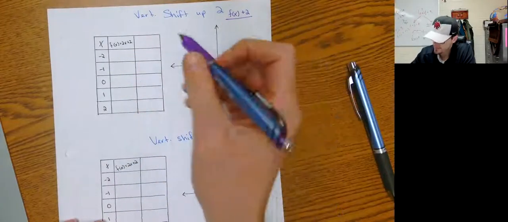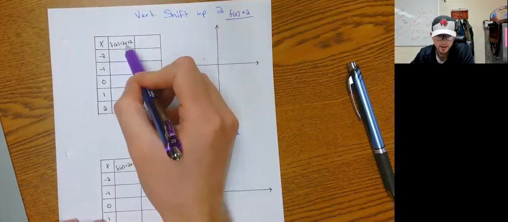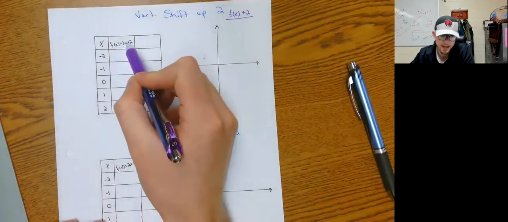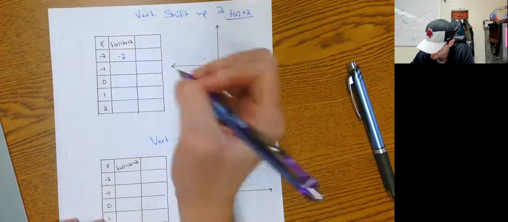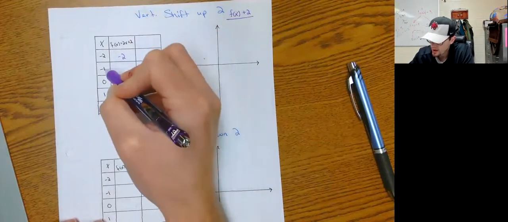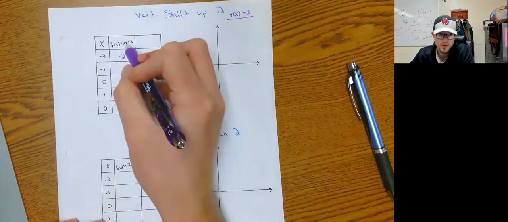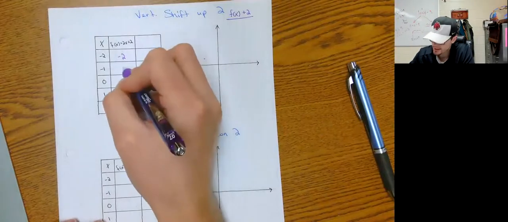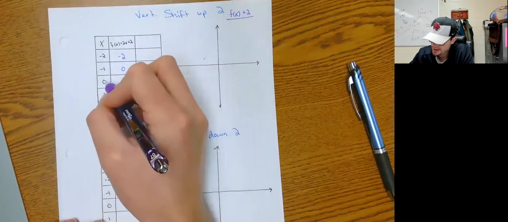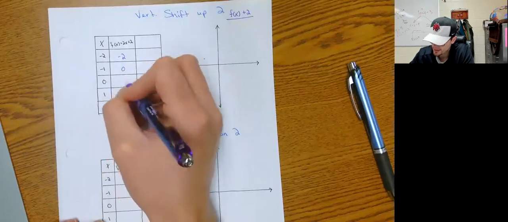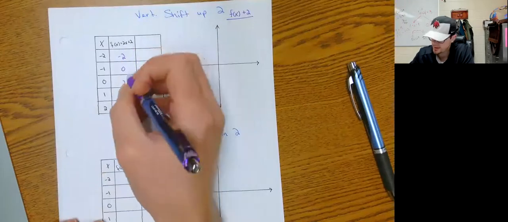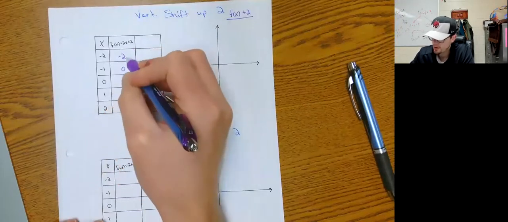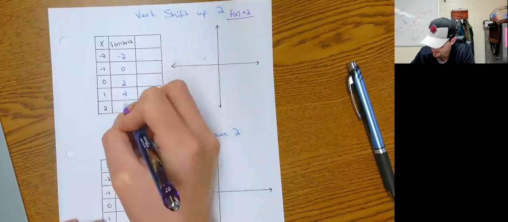If I substitute -2 in, 2 times -2 is -4, and then -4 plus 2 is -2. For -1, 2 times -1 is -2, plus 2 is 0. 2 times 0 is 0, plus 2 is 2. 2 times 1 plus 2 is 4. You can see where we're going: plus 2, plus 2, plus 2, plus 2.